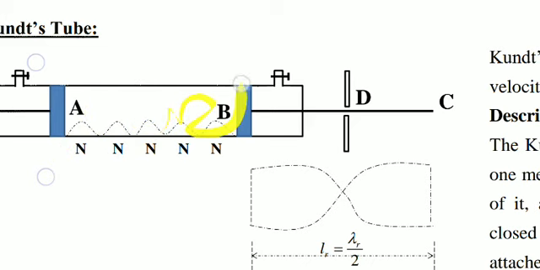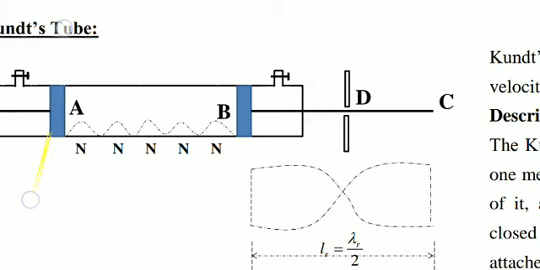inside this tube. Now how can we recognize that there is a formation of a standing wave? We have to move this piston to and fro such that we get a loud sound. Why?